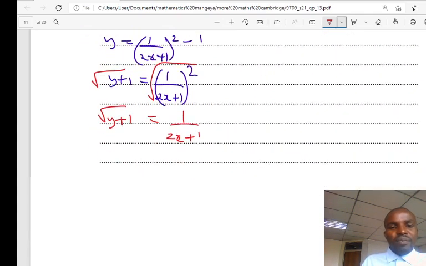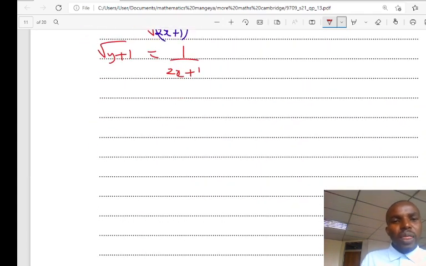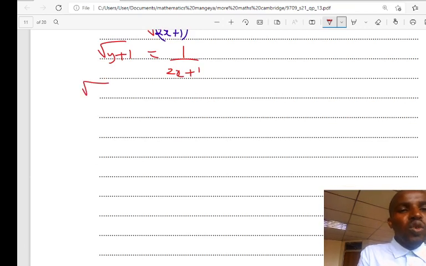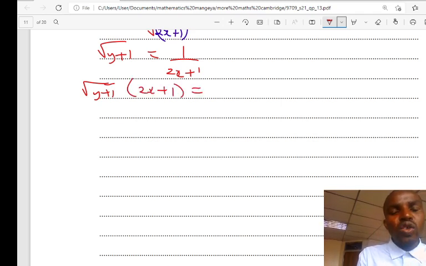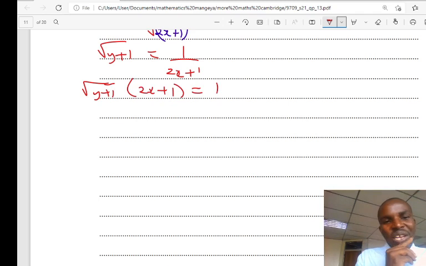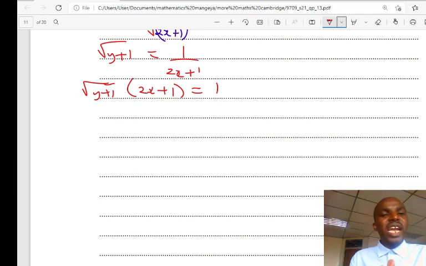Then after that, cross multiplication, it will be root of y plus 1 times 2x plus 1 is equals to 1. We've cross multiplied here. Don't be confused by square root of y plus 1. It's simple. Just take it as a single value, and put 2x plus 1 inside the brackets.